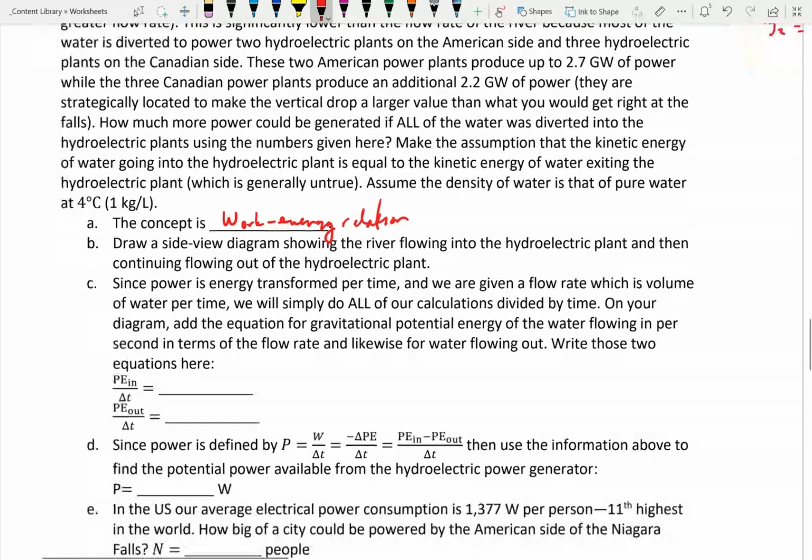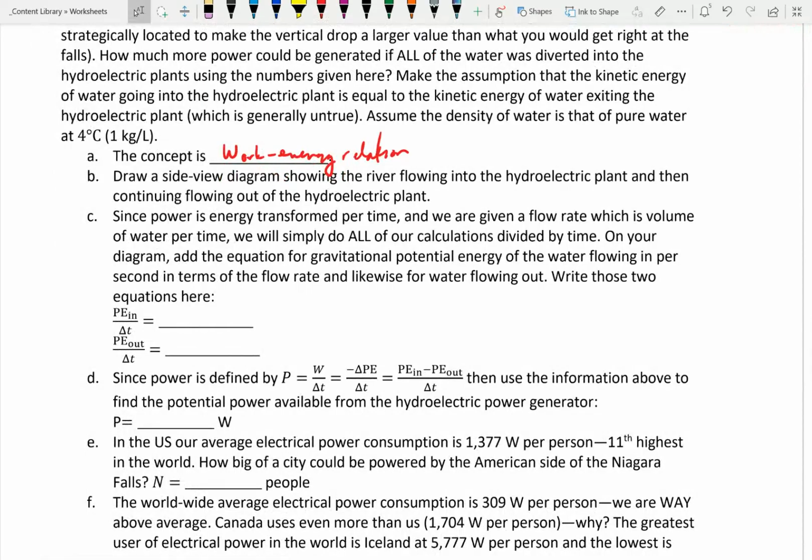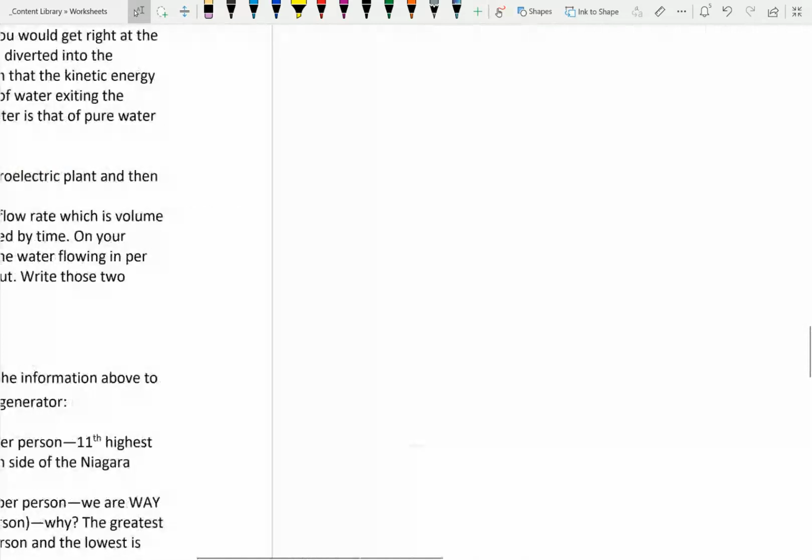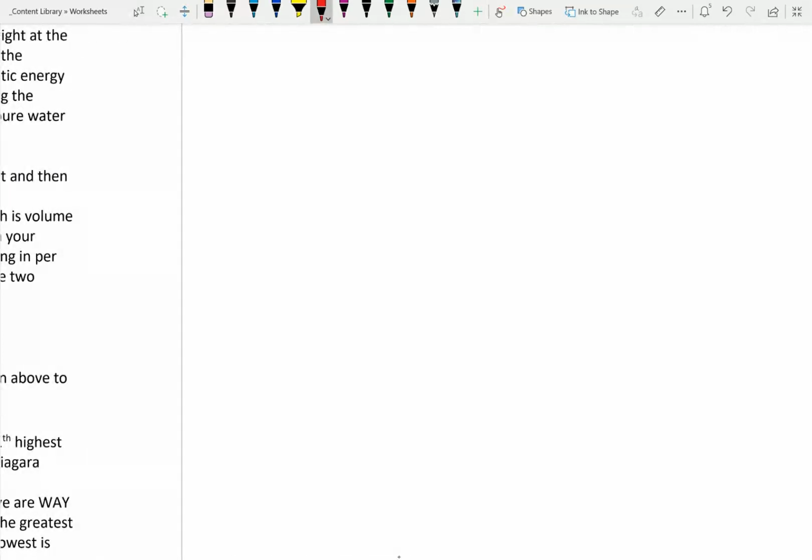Now draw a side view diagram showing the river flowing into the hydroelectric plant and then continuing flowing out of the hydroelectric plant. So we have water flows in and then it goes, so actually we're going to have just a big pond here, if you will. And then here's the hydroelectric plant, has a vertical drop.